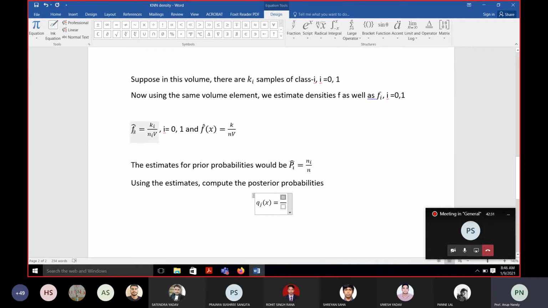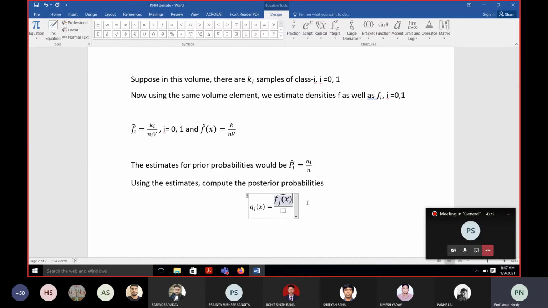Now I'll have f hat j(x). Actually, simply we are going for the probability of hypothesis given evidence, then probability of evidence given hypothesis into probability of hypothesis, divided by the summation of the probability of evidence given hypothesis.